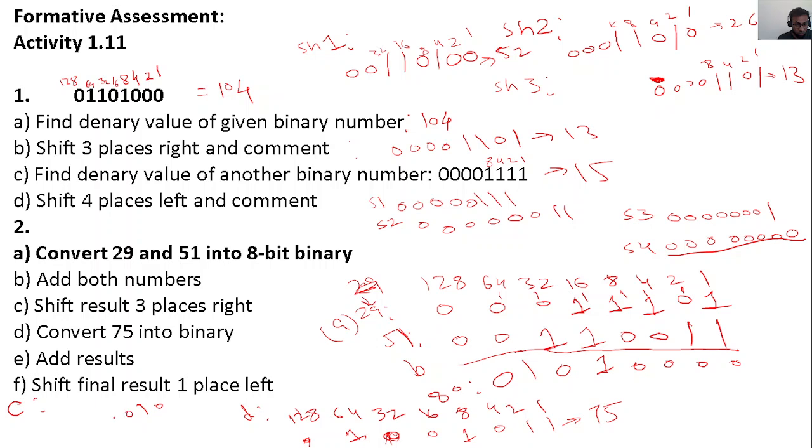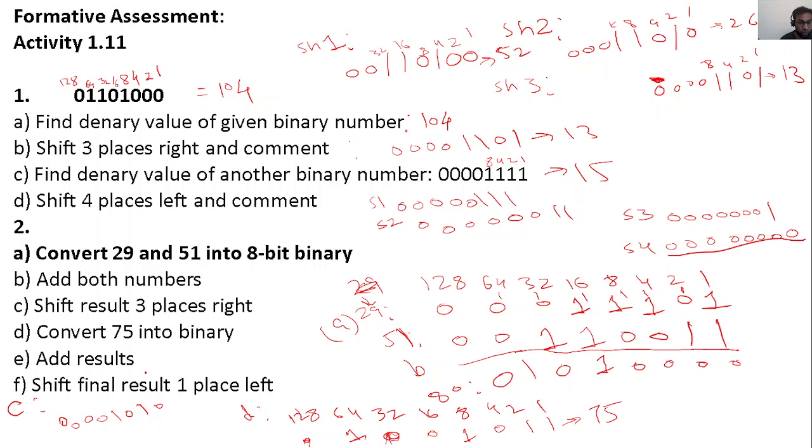Since 3 bits are removed, 3 zeros will be added at the back. So 4 zeros, then 1 0 1 0, and that number becomes 10. This is what we got by shifting the result three places right. So 80 became this one. Part C is done.